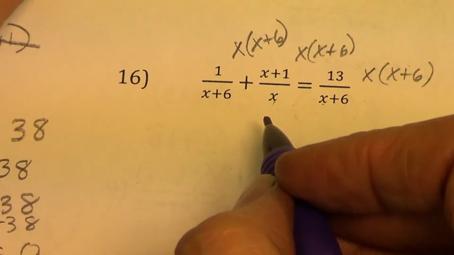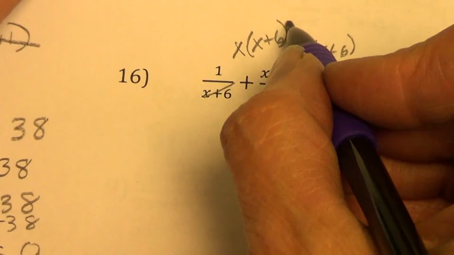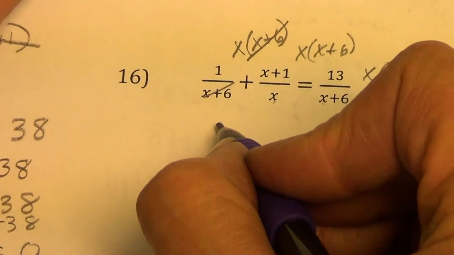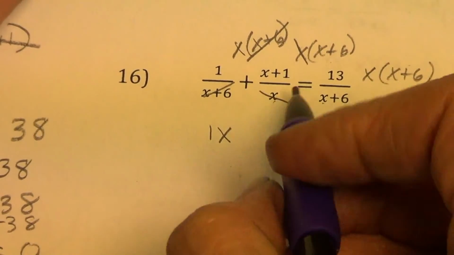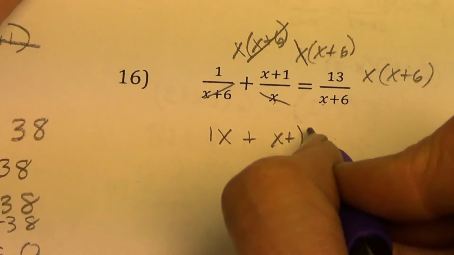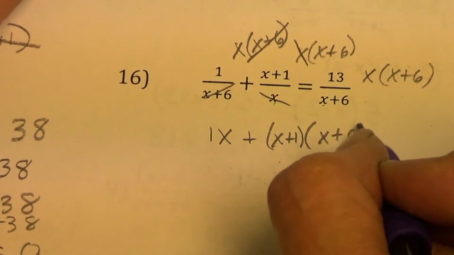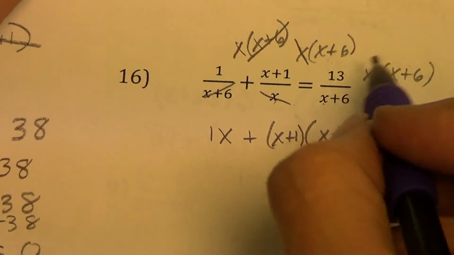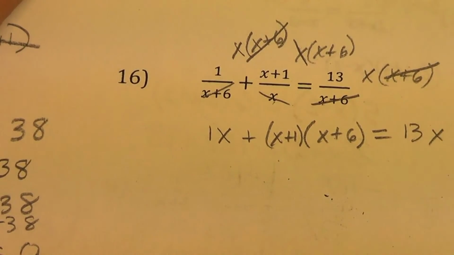And try to go through the notes and do what you can, and then watch the video to learn the maximum that you can. x plus 6 wipes out, and we have 1x. x wipes out, and we get plus x plus 1 times x plus 6 equals x plus 6 cancels, 13x.